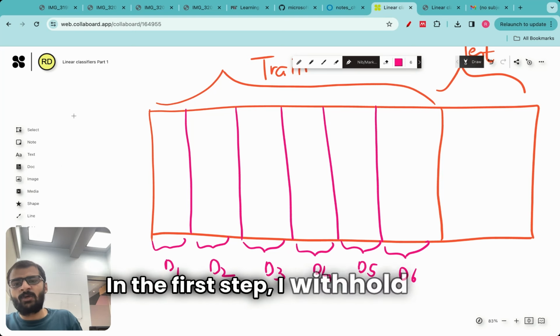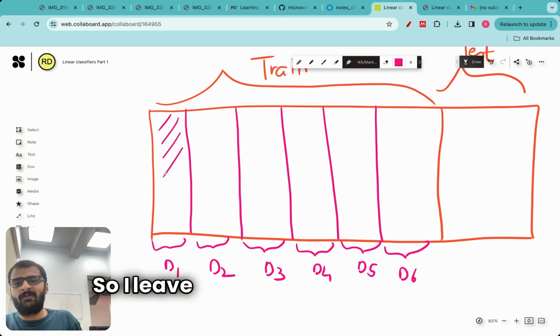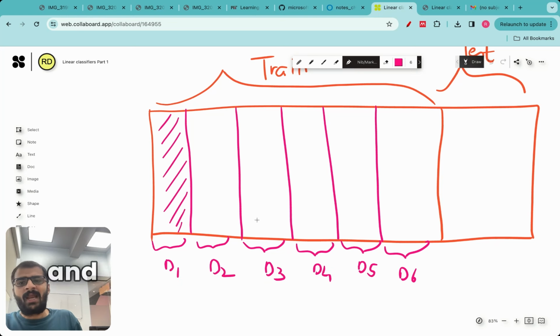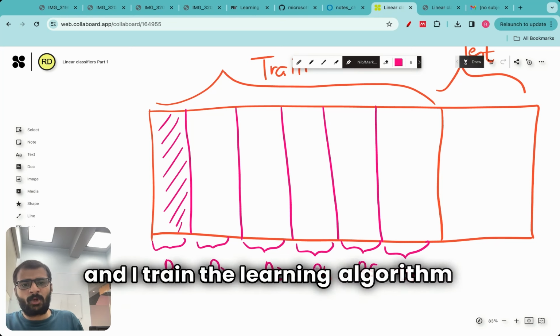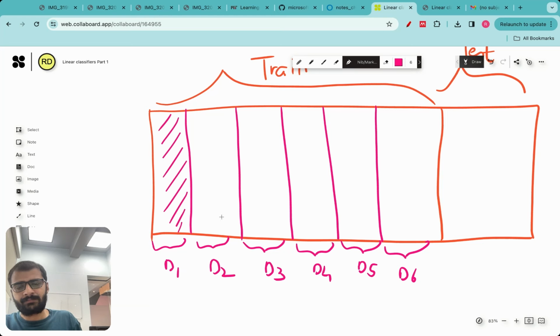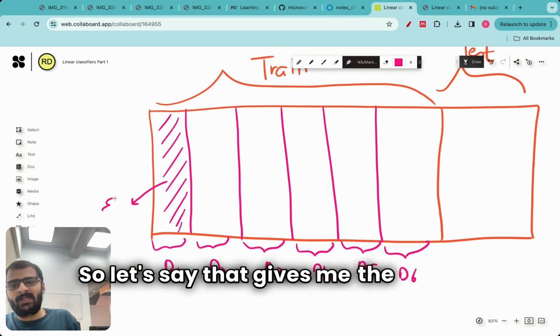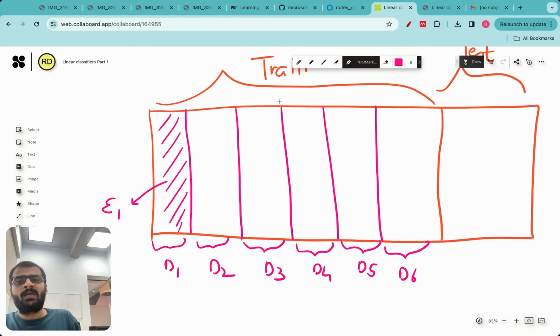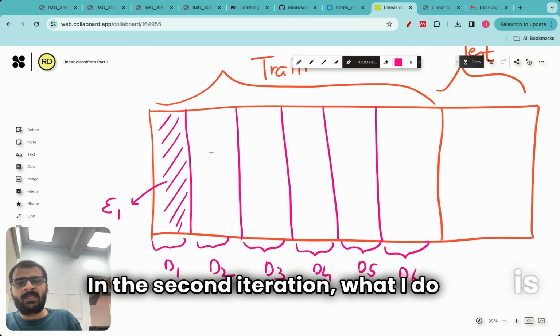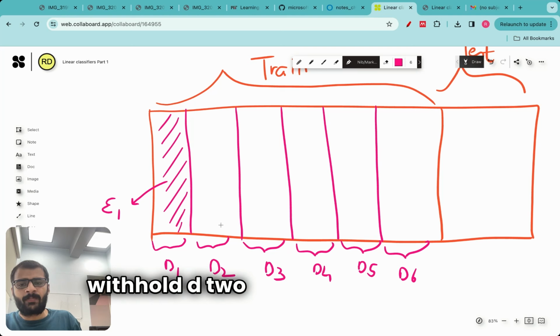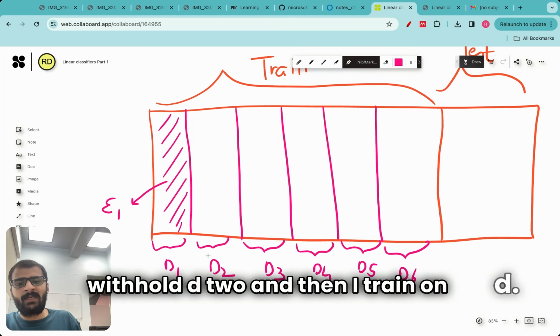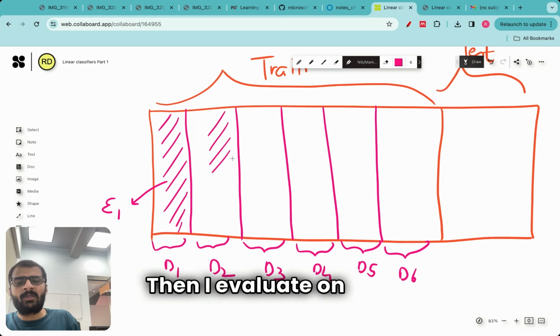In the first step, I withhold D1. So I leave it out of my training data, and I train the learning algorithm on these five, and then I evaluate it on this. So let's say that gives me the error epsilon 1. In the second iteration, I withhold D2, and then I train on D1, D3, D4, D5, and D6, and then I evaluate on D2.